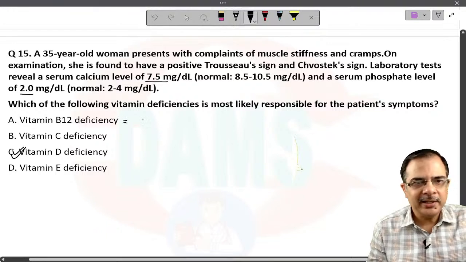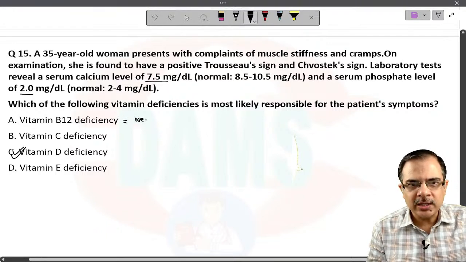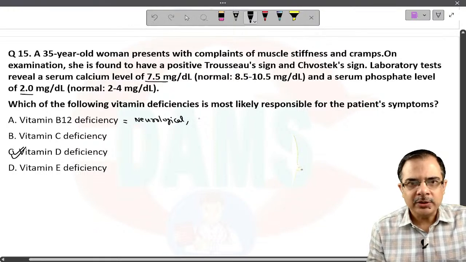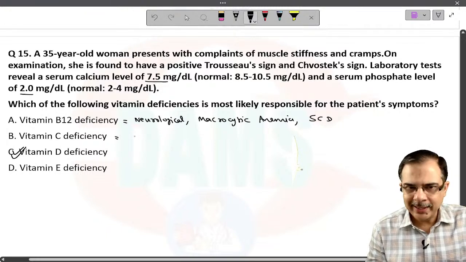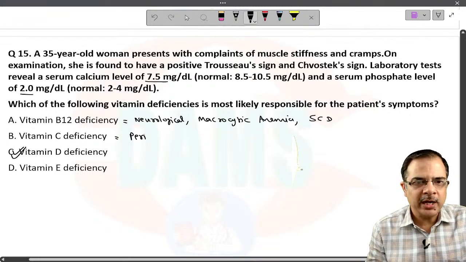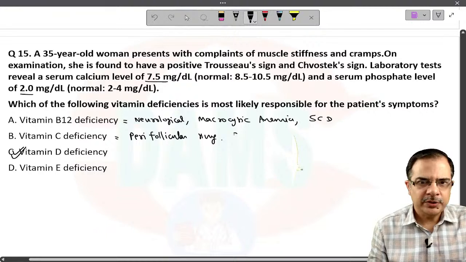B12 deficiency causes neurological abnormalities, but not low calcium, and it causes macrocytic anemia, and subacute combined degeneration of the cord. Vitamin C deficiency causes perifollicular hemorrhages along with scurvy.